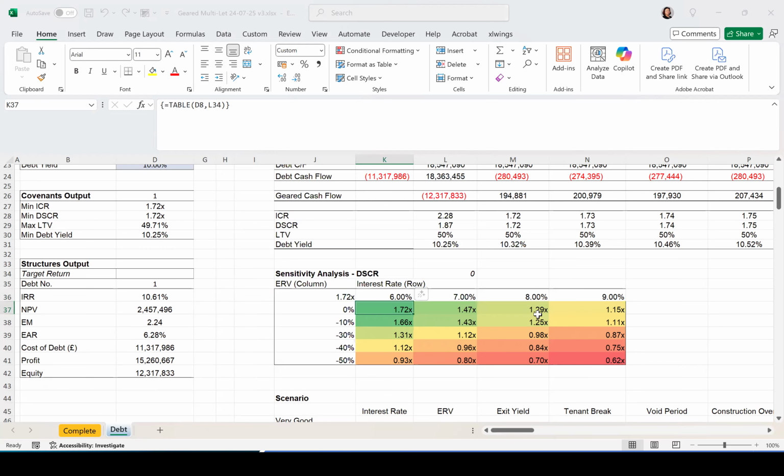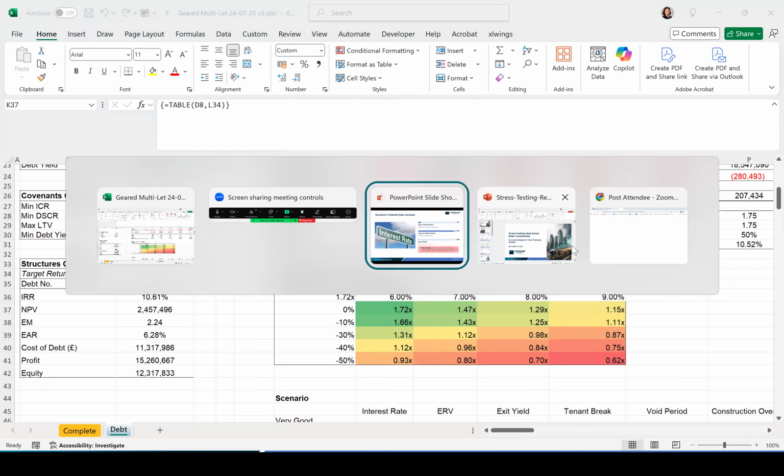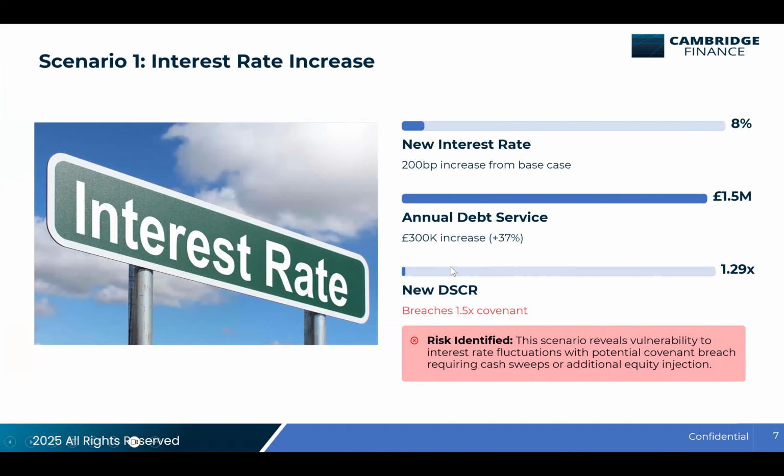So once you've done that, then creating the scenario is a lot easier. So there was a 300,000 increase, so a 37% increase in your debt service. And your new DSCR, your debt service coverage ratio, is now 1.3. So you are breaching the 1.5 covenant that was requested in this loan.